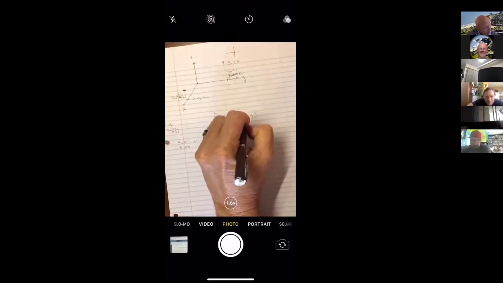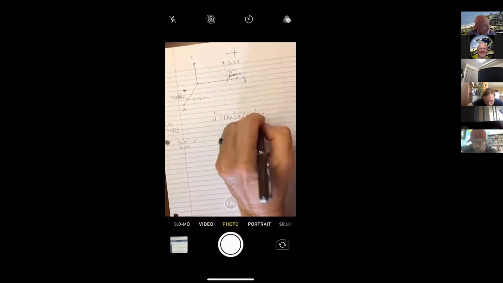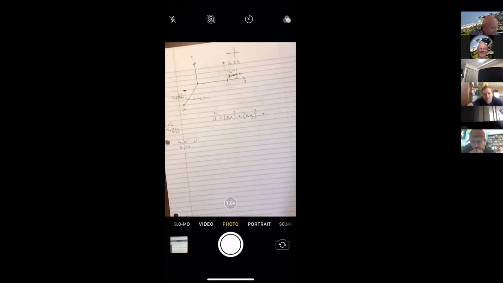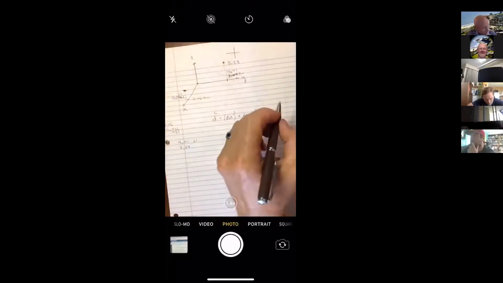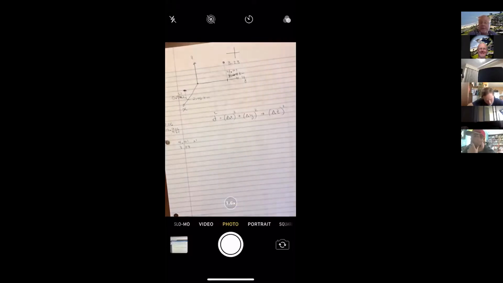How far apart are they north and south? That's the y-axis. And how far apart are they in altitude? That's the z-axis.